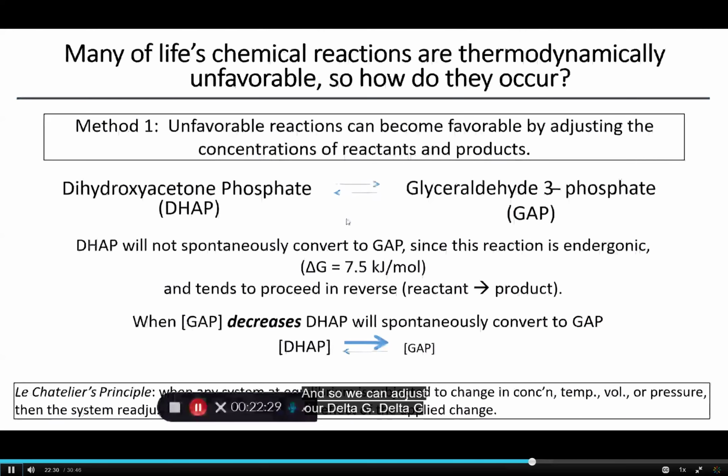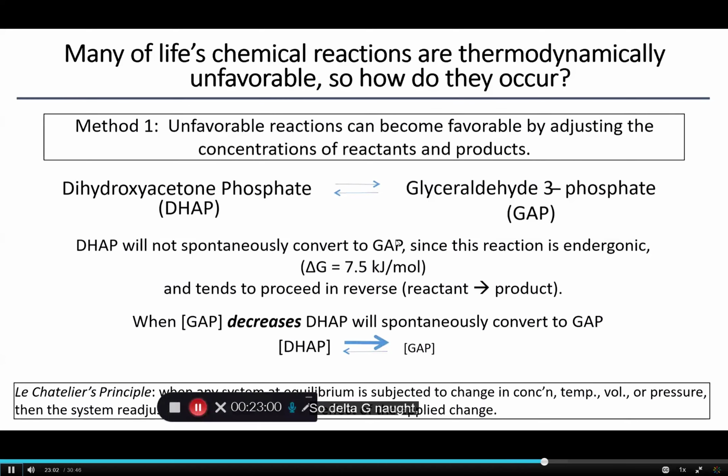And so we can adjust our delta G, which here is really referred to as delta G naught, calculated from the Gibbs free energy equations assuming all normal standard conditions: standard pressure, standard temperature, and all of that. However, like I said, these biochemical reactions don't occur under standard conditions. They occur under variable conditions. And so we have to recalculate delta G based on those variables.